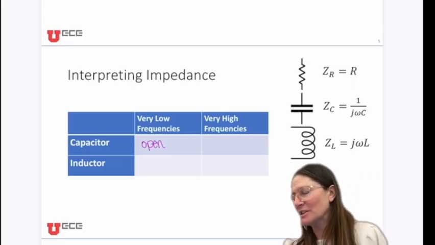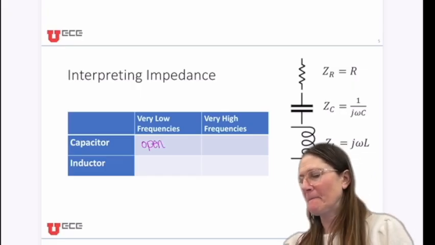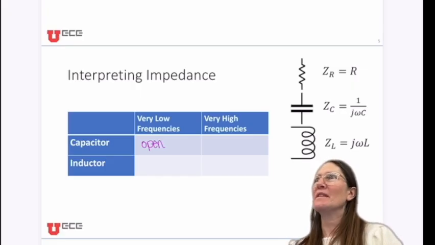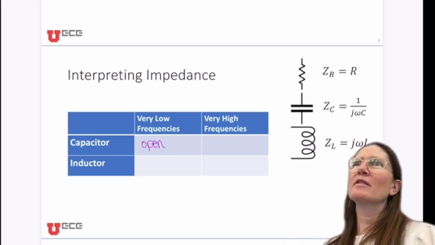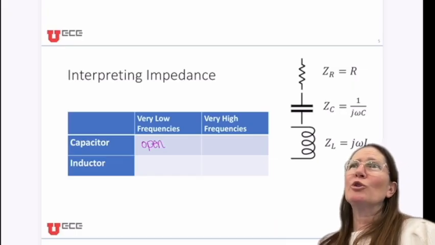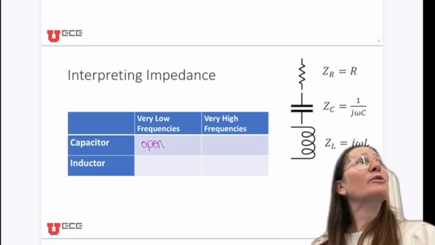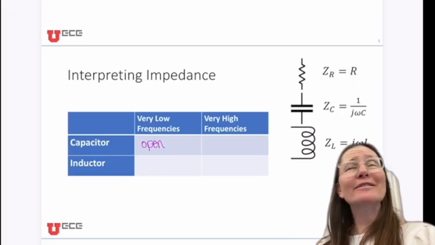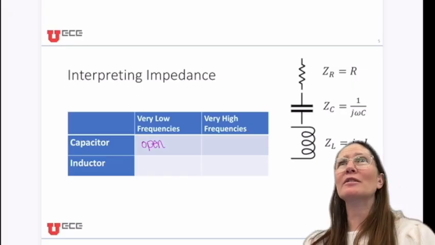At high frequencies, it looks like what? A super high resistor would create like a... Correct. Yep. So if it's 1 over a really high, say 1 over infinity, what does that go to?